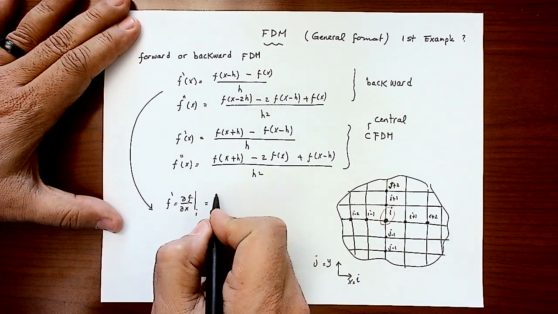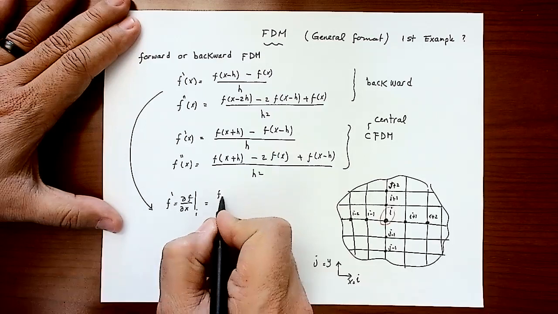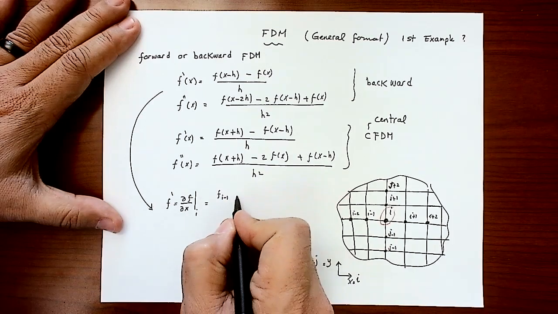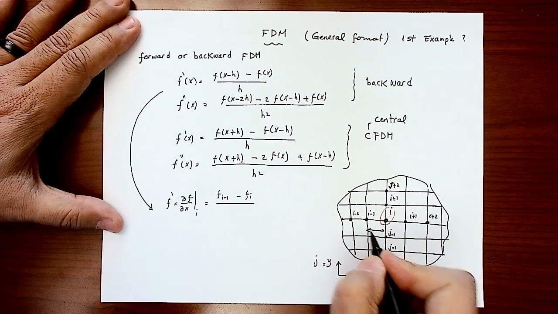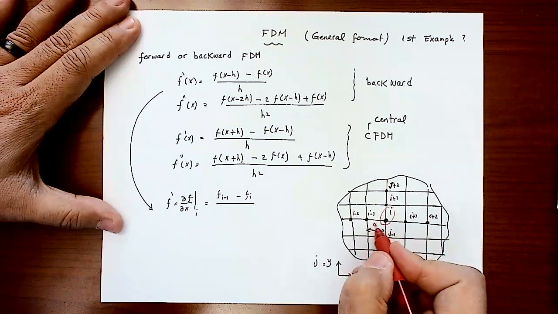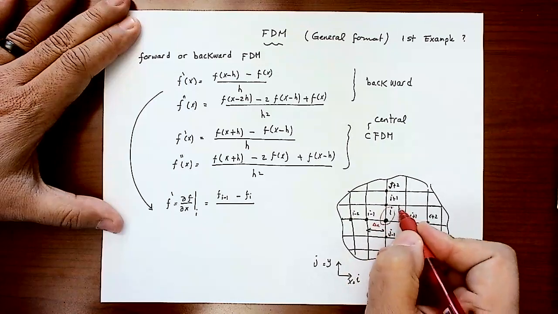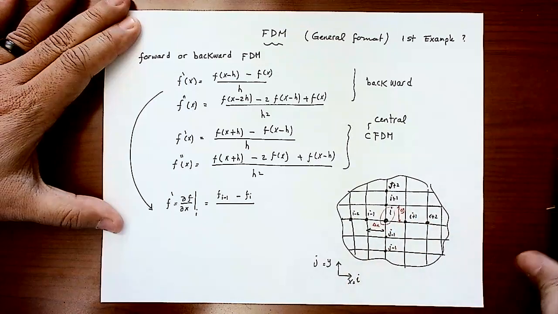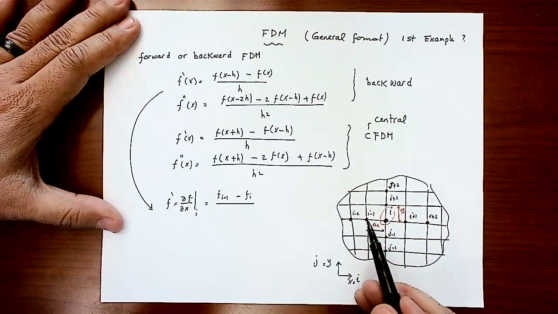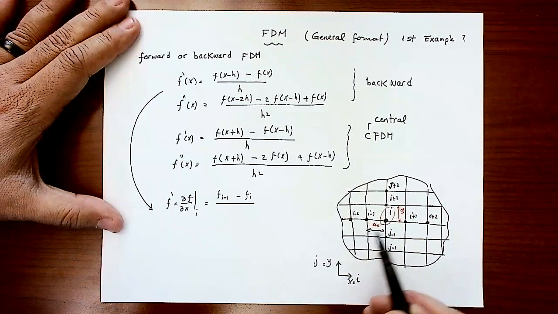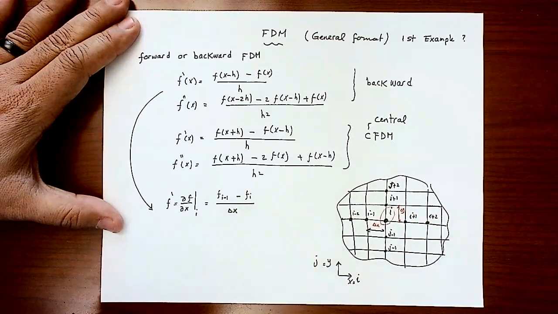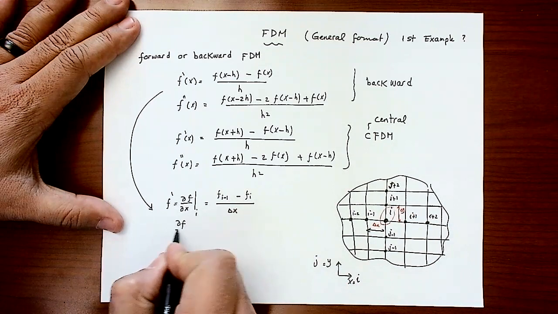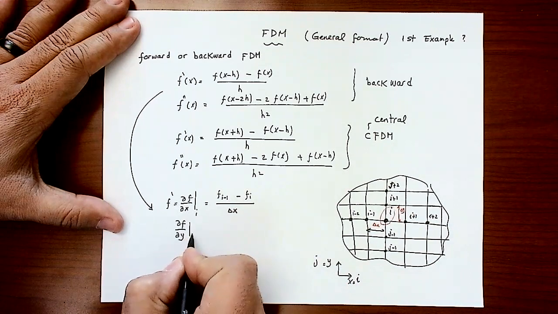So it's going to be f of I minus 1 minus f of I divided by this distance here, which is delta x, and this height here is delta y. So f of I minus 1 minus f of I divided by the distance between the two nodes, which is delta x.